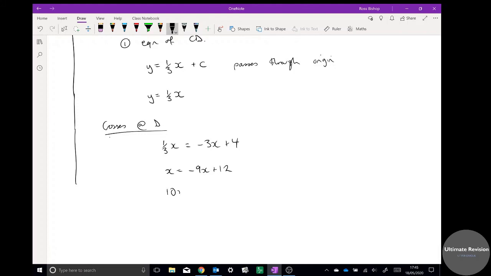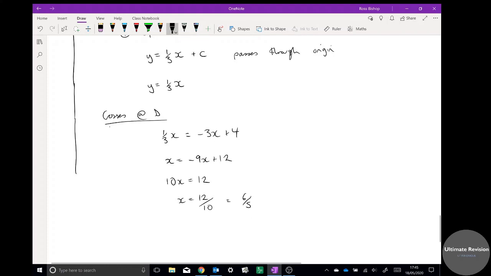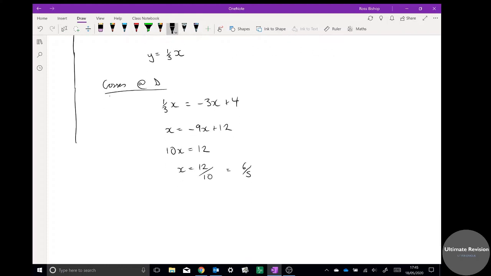So 10x equals 12. Okay, so I know my x coordinate is 6/5, and my y coordinate will be a third of that, which is 6/15.